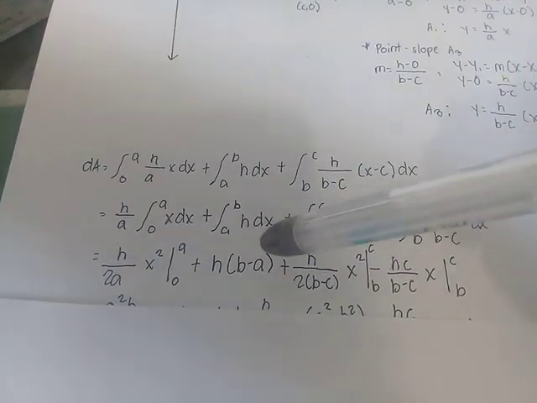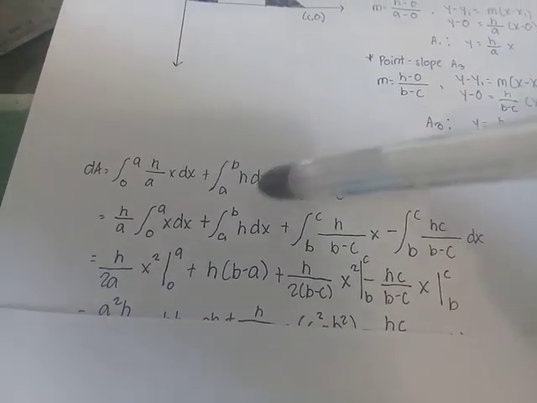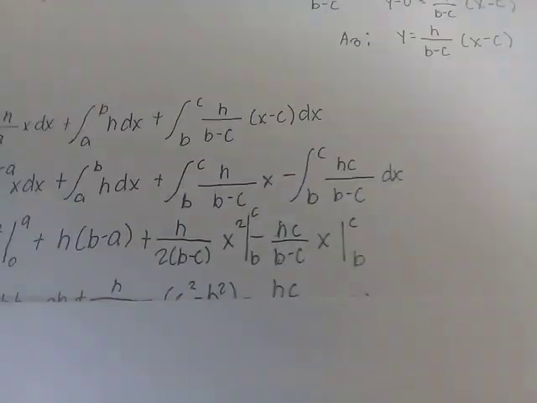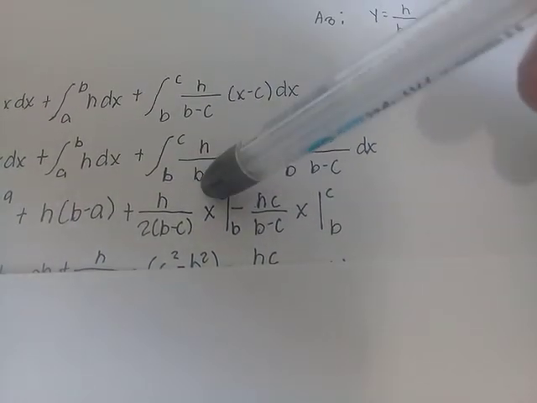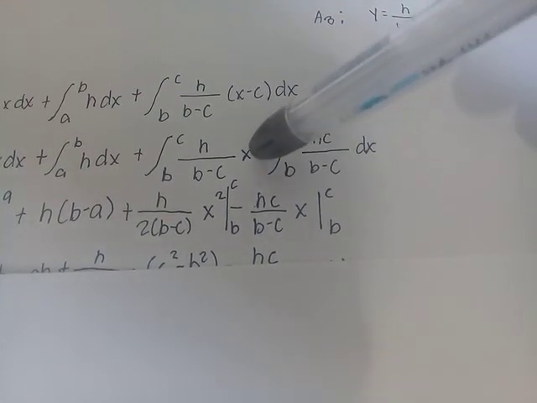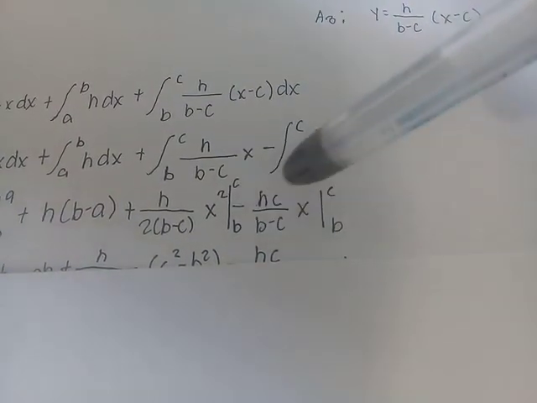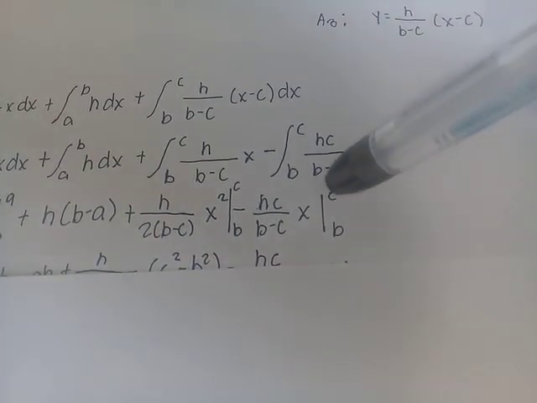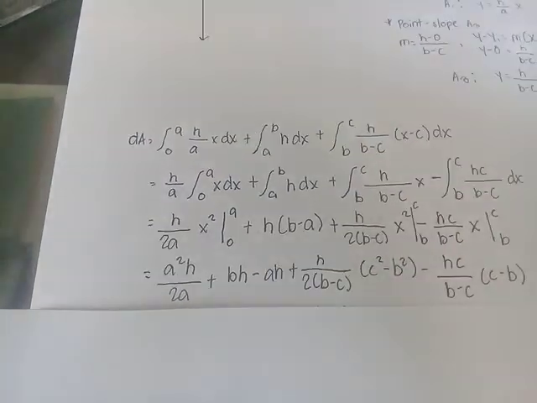Plus h, with the upper limit b minus a, so dx will become x, substituted with the upper limit b minus a. And for this one, we will have h over 2 times b minus c. Since we all know the integral of x is x squared over 2, minus hc over b minus c, where the integral of dx would be x, with its upper and lower limits. And now we will solve for h.